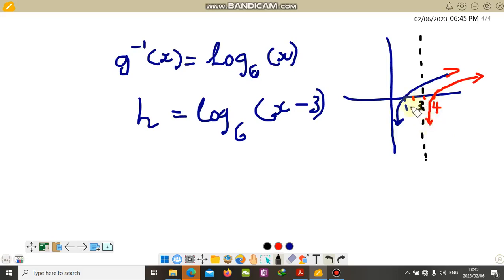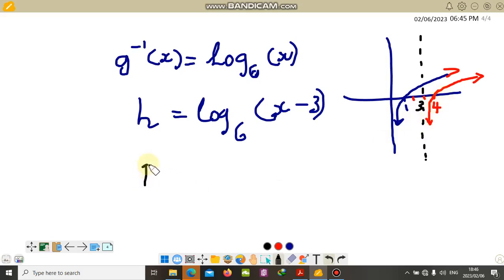So the x values for this graph have to be greater than 3, because if you put in log of 3 minus 3, that is the same as log 0, and log 0 gives you an error. So in order for this function to be possible, you need a value that is greater than 3. I hope that makes sense.